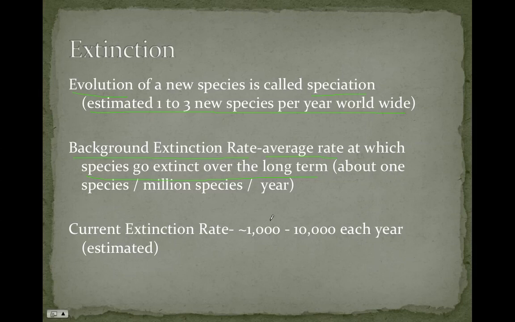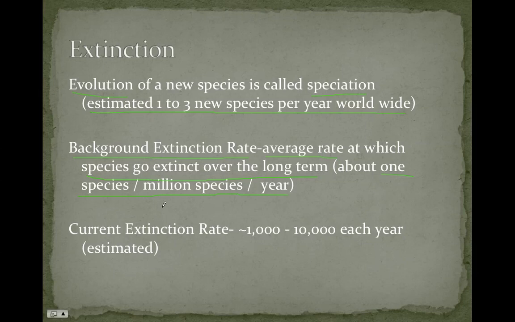So we're looking at spans of millions of years. We can estimate this through the fossil record. And we estimate that long ago, the background extinction rate was 1 species per million species per year. So very slowly, and again, that's an average over a long period of time.